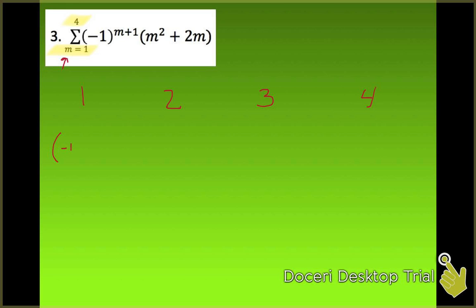So we're going to have negative 1 to the 1 plus 1. And then over here, we're going to have 1 squared plus 2 times 1. So this is going to be negative 1 squared times 1 squared is 1, 2 times 1 is 2. So negative 1 squared times 3, which gives us a positive 3.